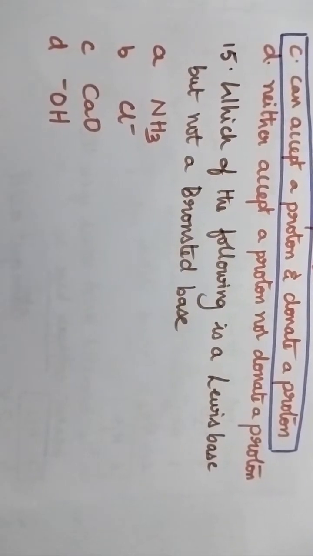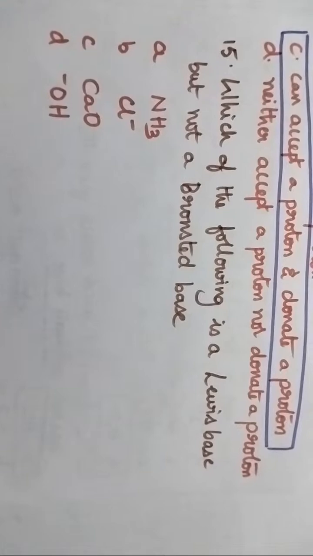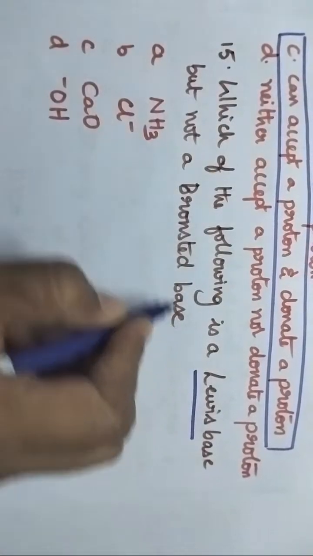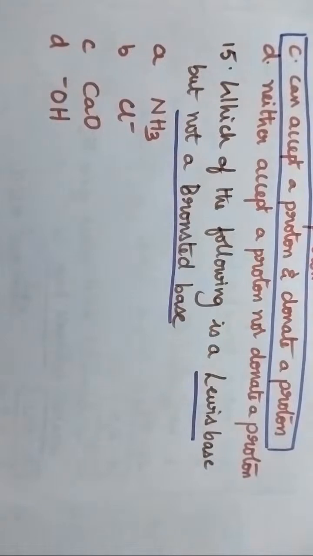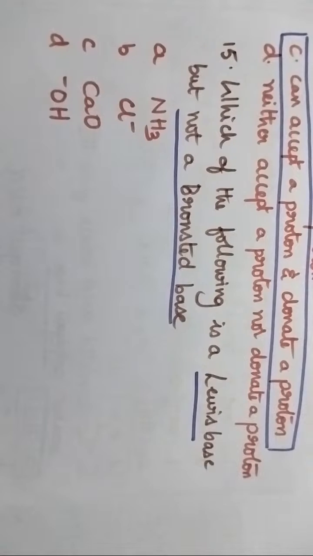Which of the following is a Lewis base but not a Bronsted base? You just underline that. What is the nature of the Bronsted base?